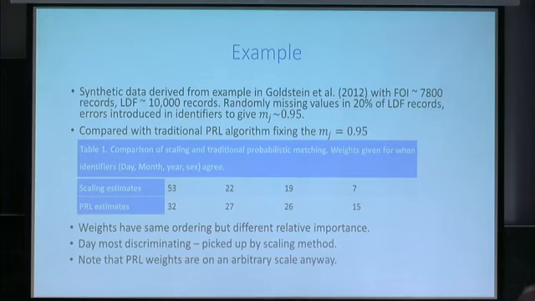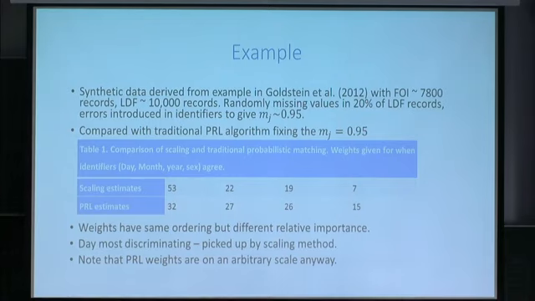We've got a linking data file of 10,000, unique matching, and the M probabilities for each identifier are fixed independently at 0.95. They're not exactly 0.95, but the data set's generated to give you that, just to make comparisons easy. And what we've done is the first row there is what comes out of our scaling procedure.